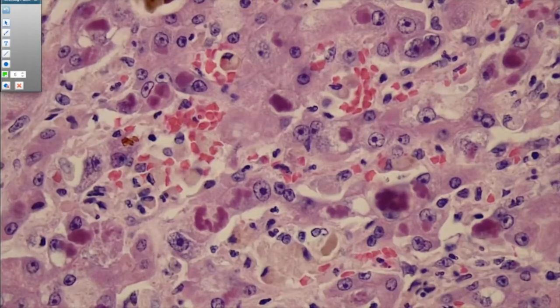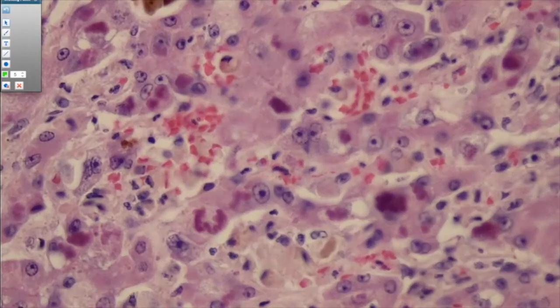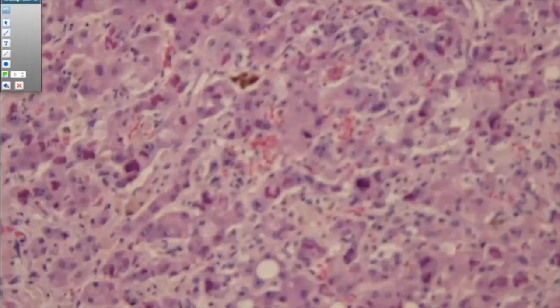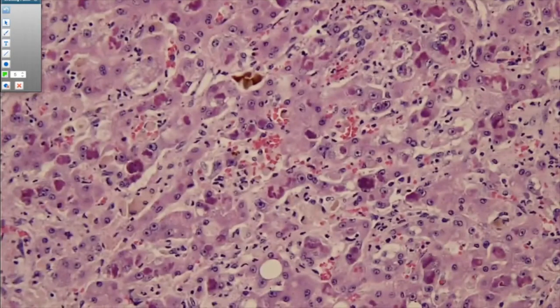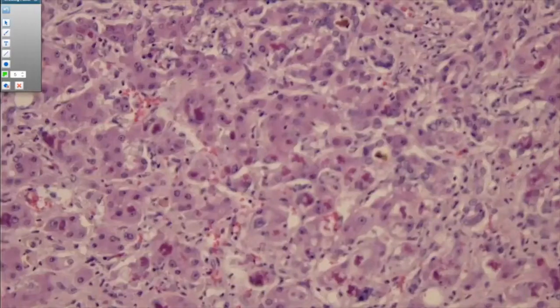Based upon histology, it's often difficult to distinguish between non-alcoholic NASH and alcoholic steatohepatitis. But this degree of Mallory-Denk bodies, or extensive neutrophils, and also the fibrosis pattern are different. Extensive sinusoidal fibrosis like this is highly indicative of alcohol.